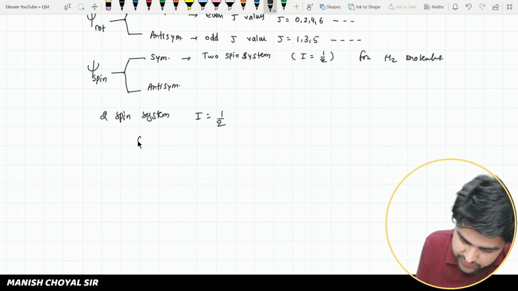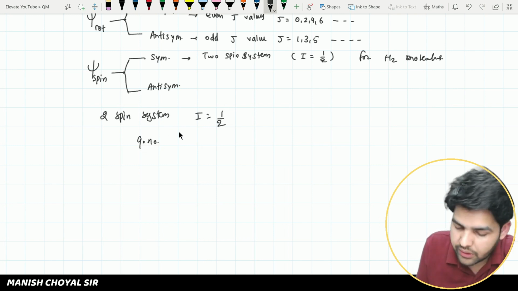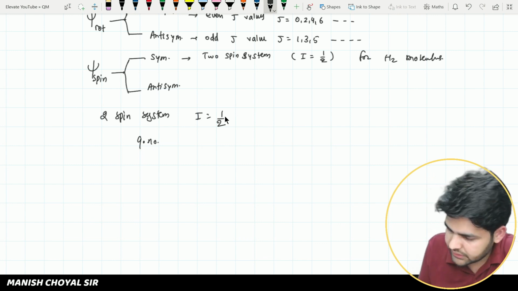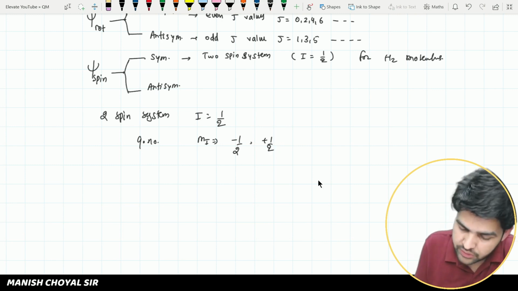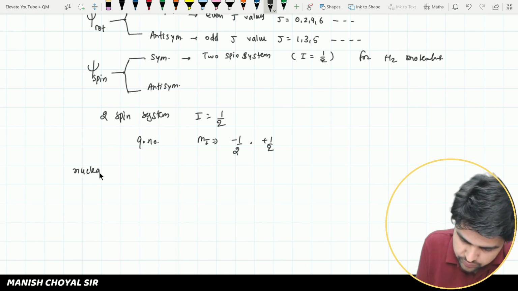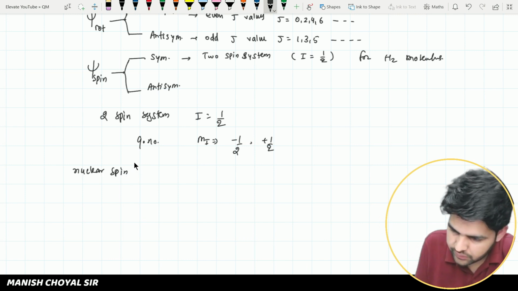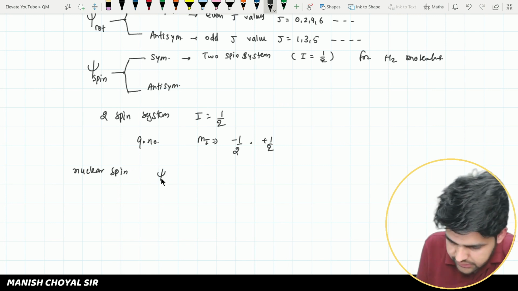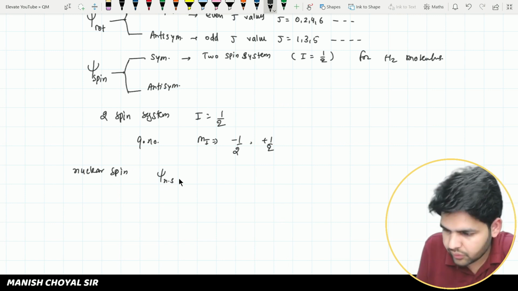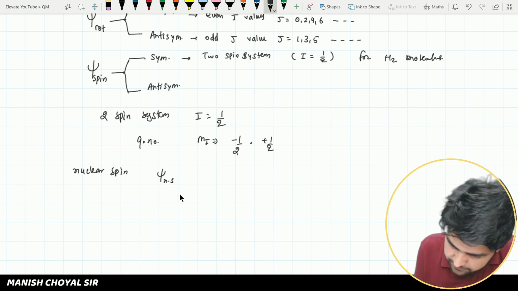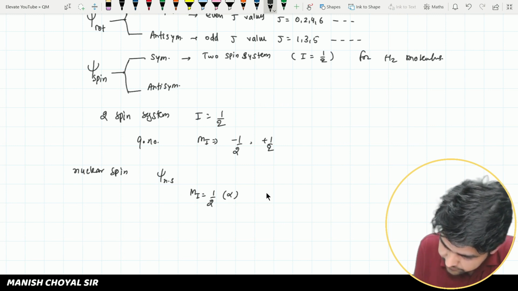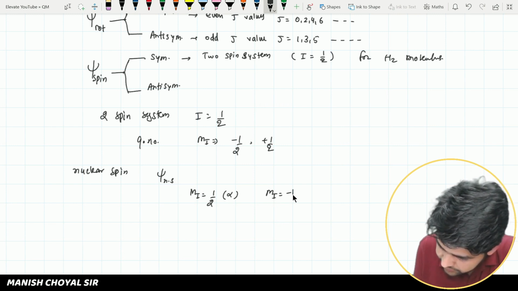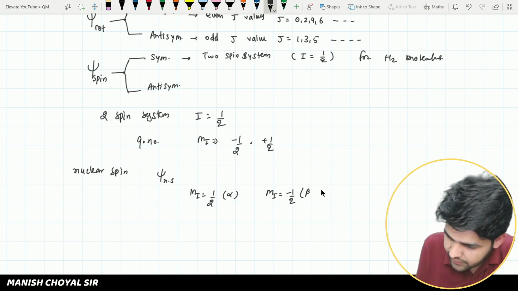Let the quantum number related to I be mI, so -1/2 and +1/2. For the nuclear spin function psi, we have two variables: mI equals 1 by 2, let us call it alpha, and mI equals -1 by 2, let us call it beta.